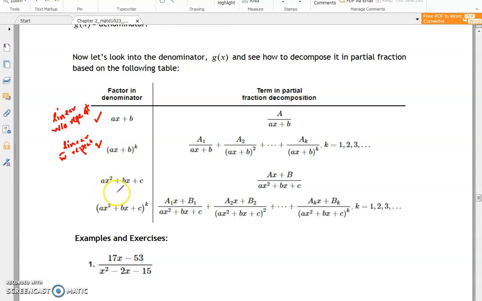Okay, now in this video we are going to focus on the factor of quadratic. So basically here we are going to have a quadratic factor.